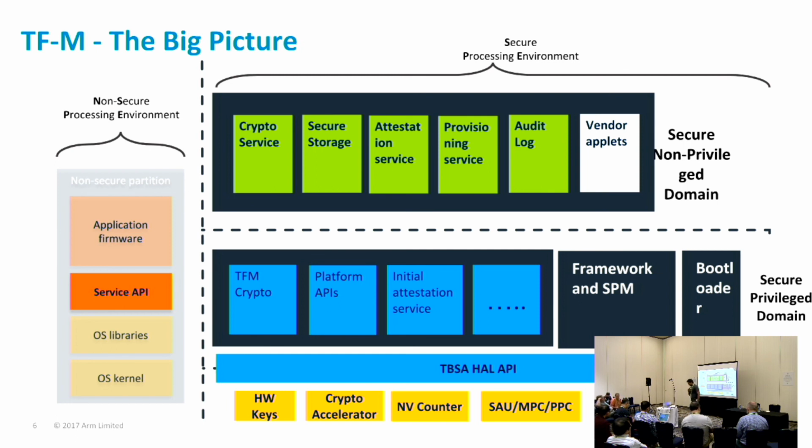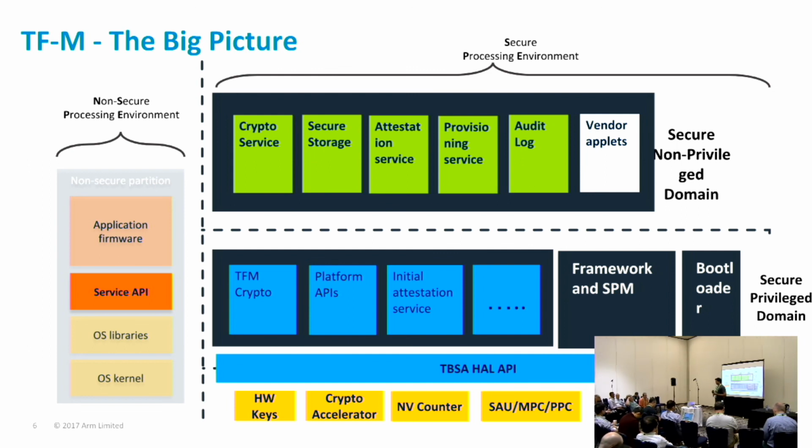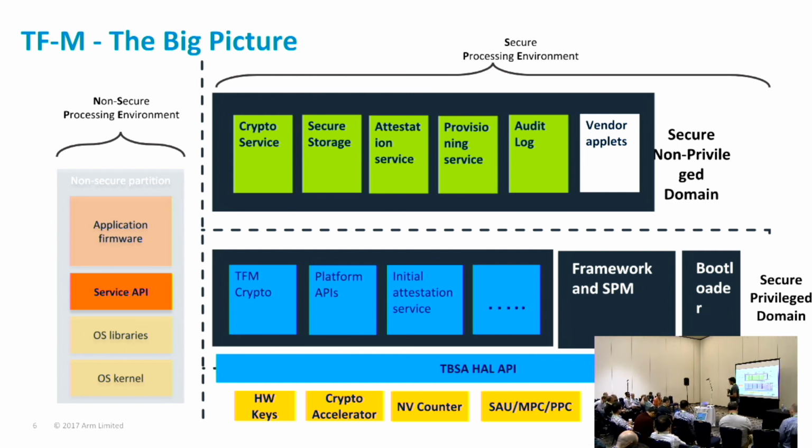Every secure side interrupt can be programmed to have higher priority than the non-secure side interrupt, but that's a policy decision for device and use case. At the architecture level, we are not going to limit that. We will provide an option to do that, but we're not going to limit that as an overarching solution.